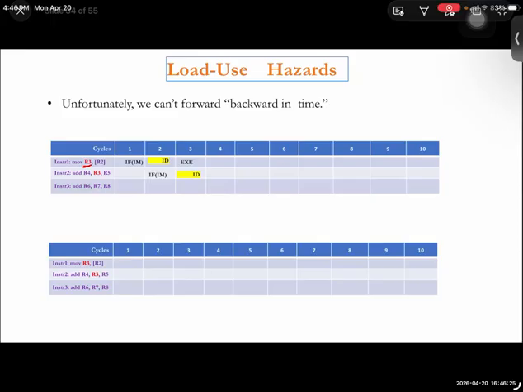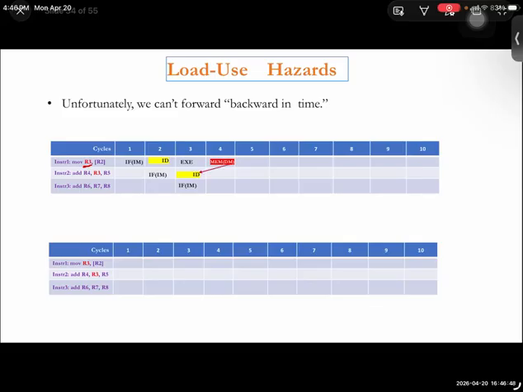At the fourth cycle, instruction 3 enters into the pipe at the instruction fetching stage. At the fourth cycle only the data will be read from the memory, and that can be forwarded back to R3.